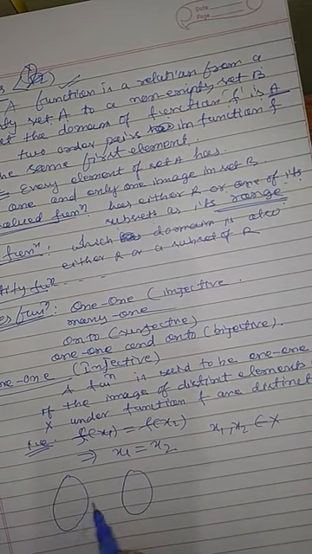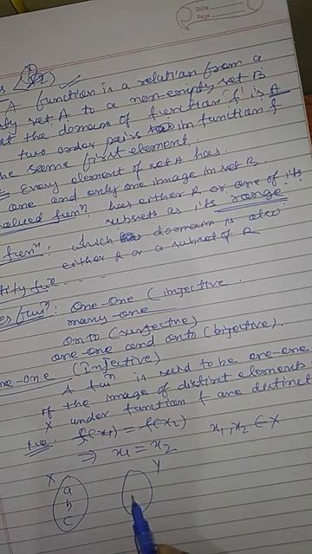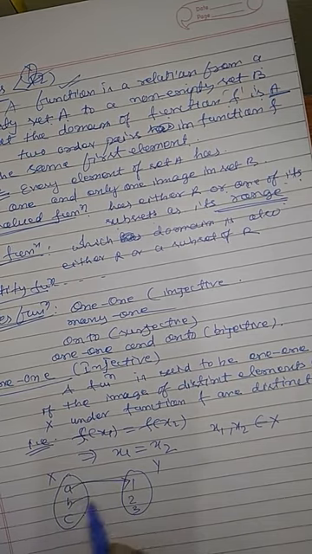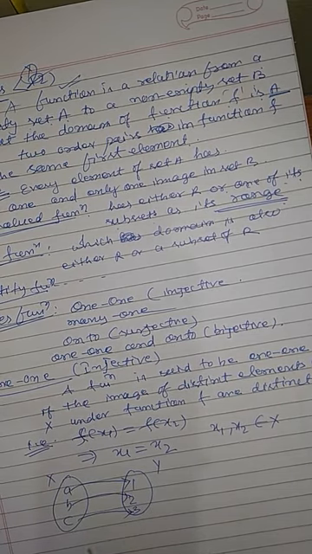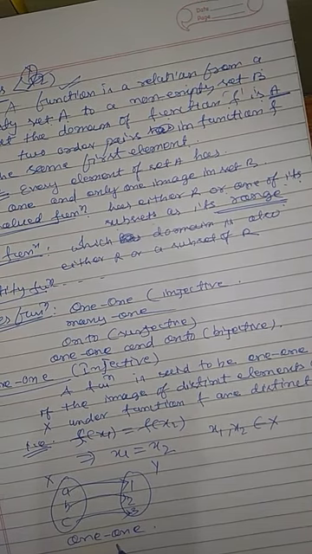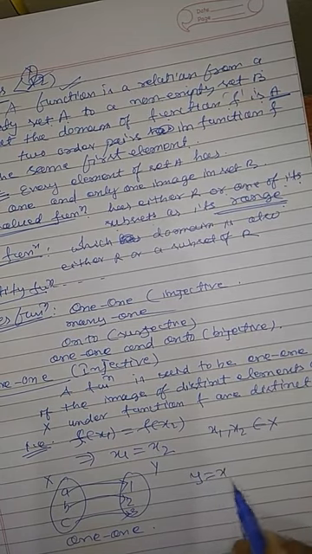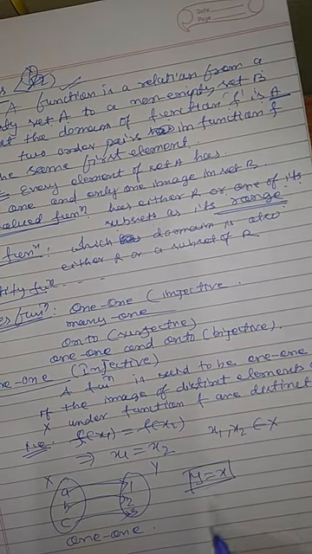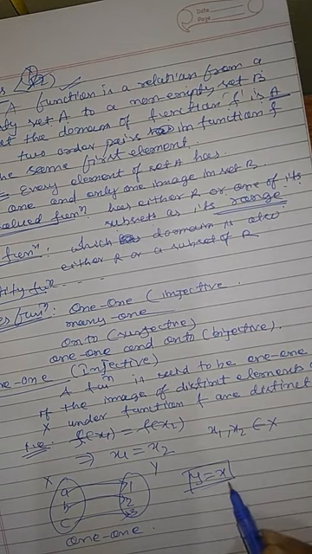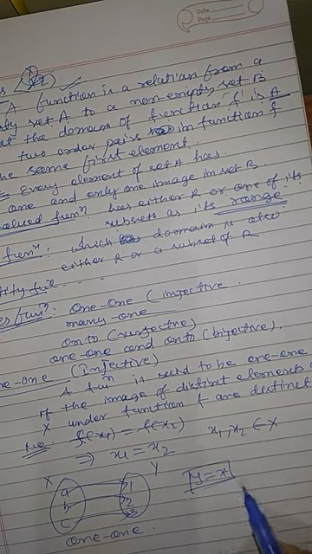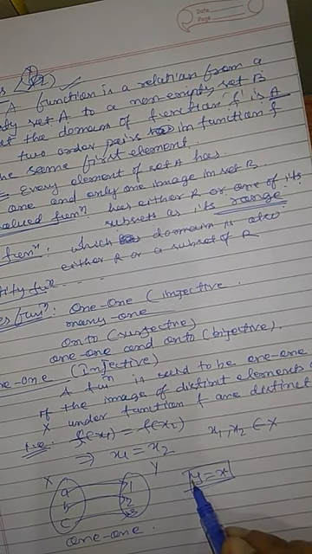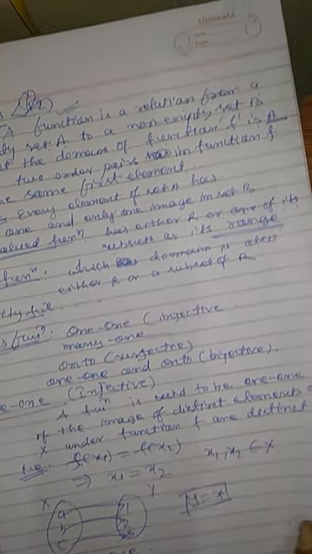Suppose the set X contains the elements A, B, C, set Y contains the elements 1, 2, 3, A is mapped to 1, B is 2, C is 3. So this is your one-one function. Clear? You can say y is equal to x is a one-one function. What value x will take, same value we get for y. So this is your one-one function.